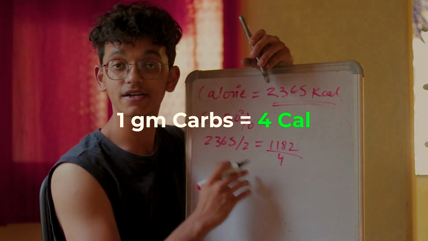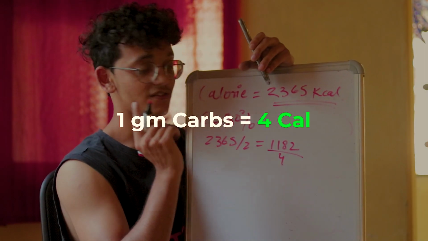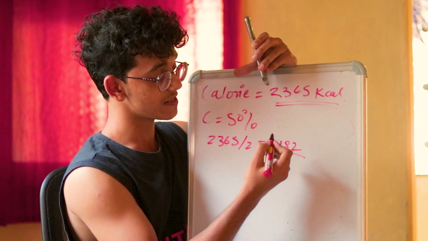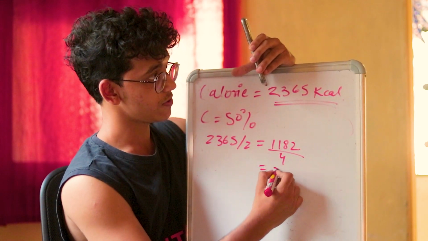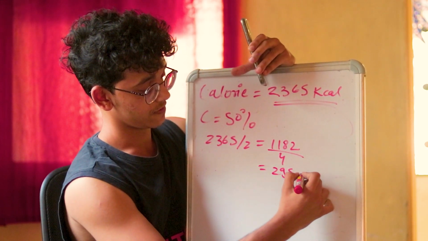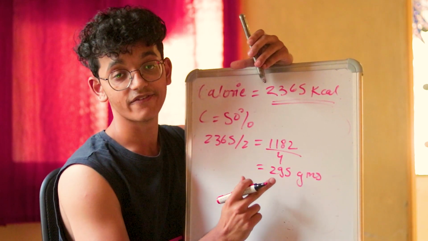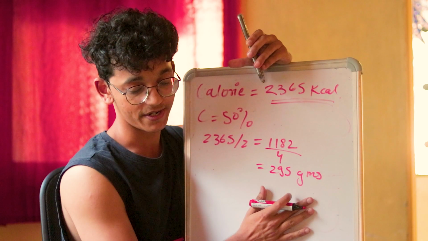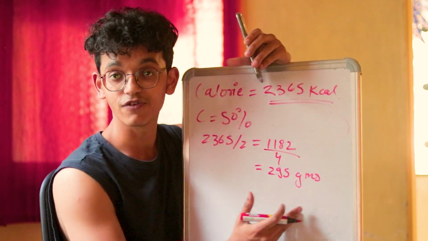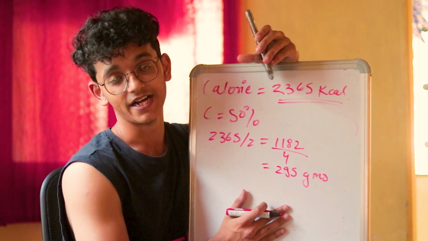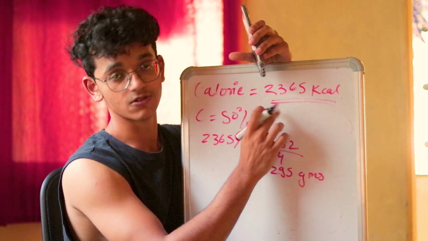Why? Because one gram of carbohydrate has 4 calories. So when you divide this number by 4, you get 295 grams. So you want 295 grams of carbohydrates in your diet to reach this goal.